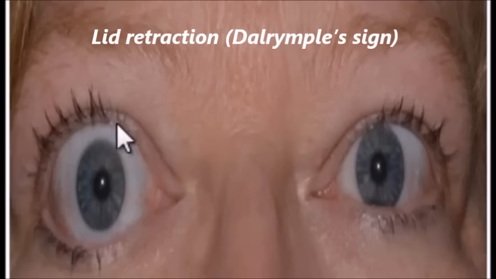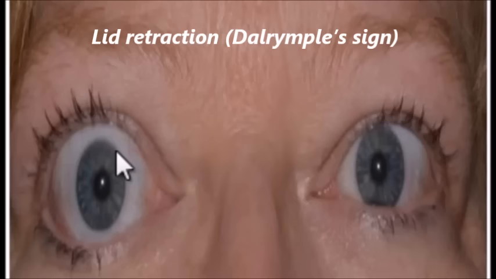This lid retraction is due to tonic contraction of levator palpebrae superioris, thereby exposing sclera above the superior limbus, which usually remains covered by the upper eyelid at the 11, 12 and 1 o'clock position.